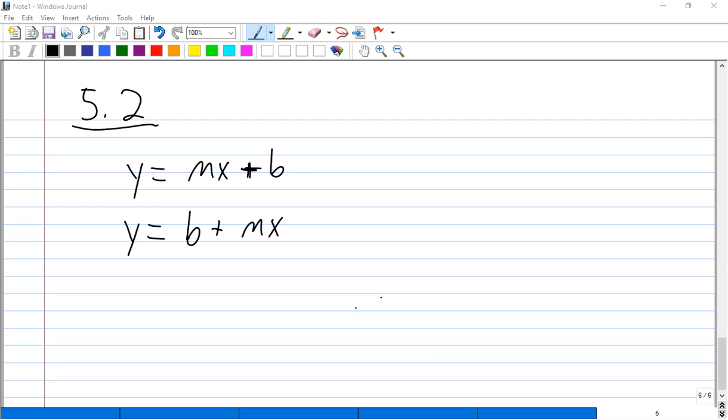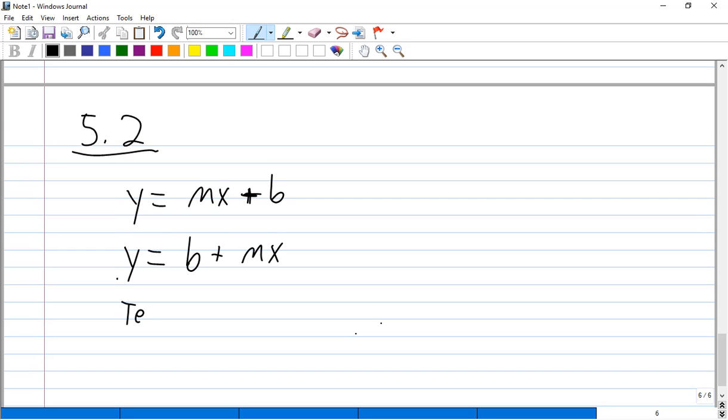And the first example is talking about a test score, and for this test score, somebody claims to figure out that the test score is equal to 45 plus 3.8 times the number of hours of study time.